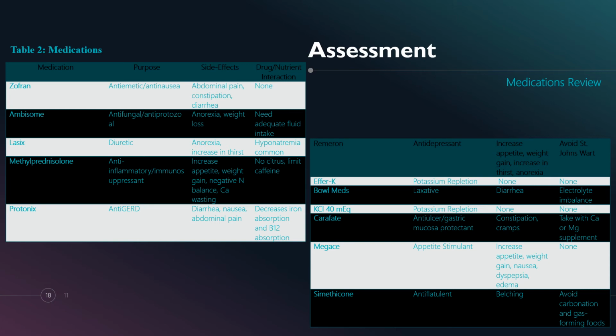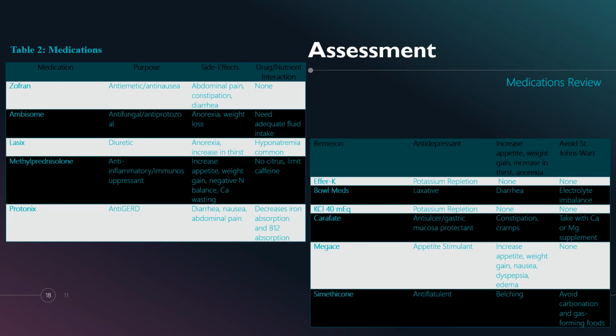She was also on Carafate, which is an anti-ulcer and gastric mucosa protectant. This can cause constipation and cramps, and you're supposed to take it with calcium or a magnesium supplement in order to help with absorption.